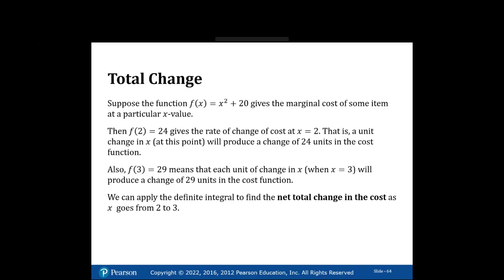But if I take the definite integral of our cost function from 2 to 3, that tells me the net total change in the cost as x goes from 2 to 3, which is really useful.